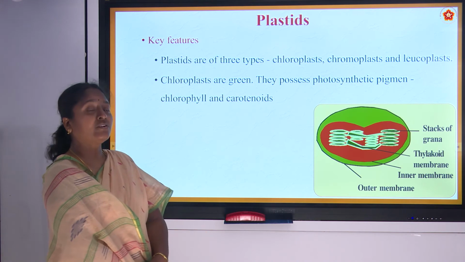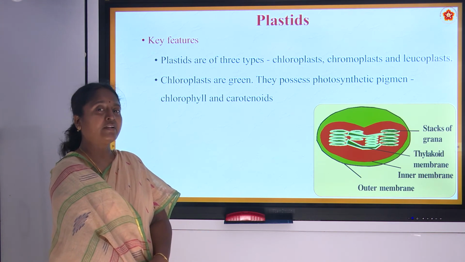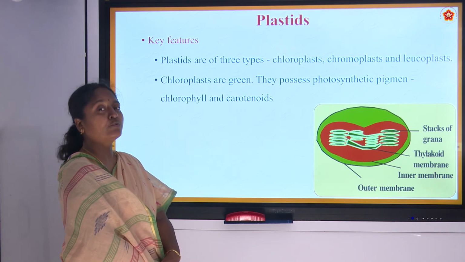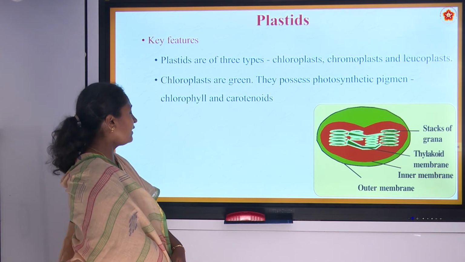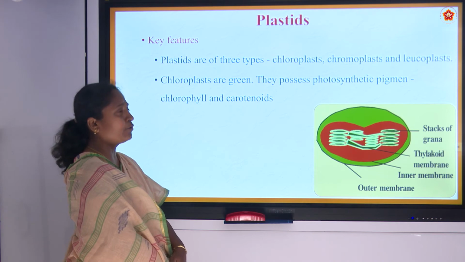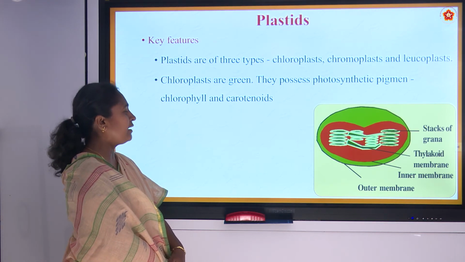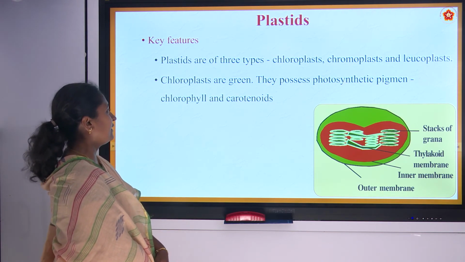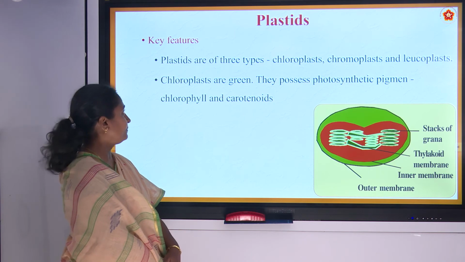It is the major organelle involved in photosynthesis because it has photosynthetic pigments such as chlorophyll and carotenoids. Chlorophyll is green color and carotenoid is mostly yellow color. These pigments are present in chloroplast.